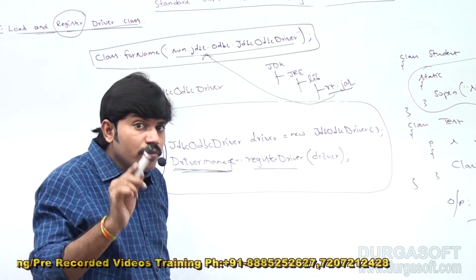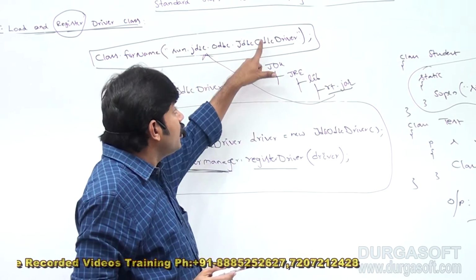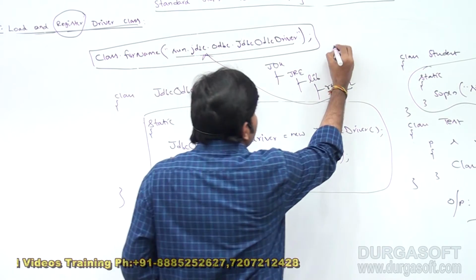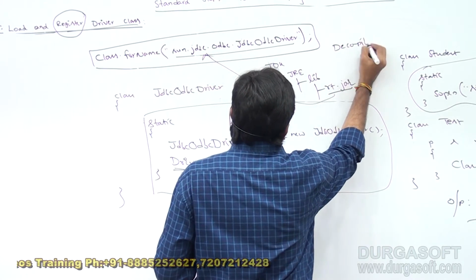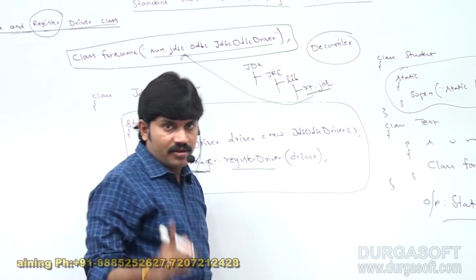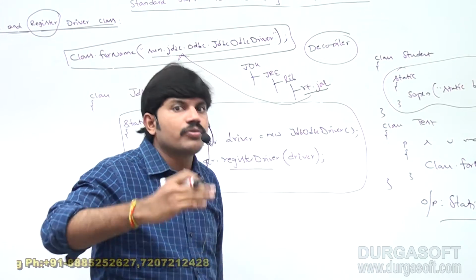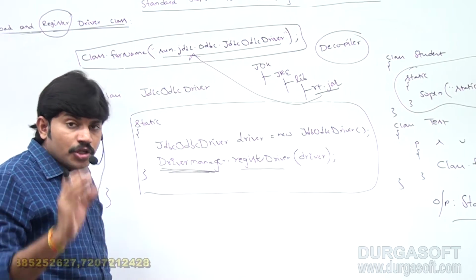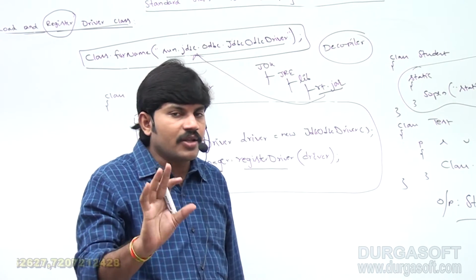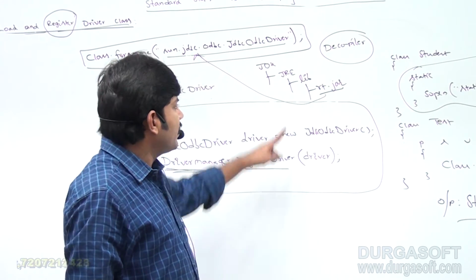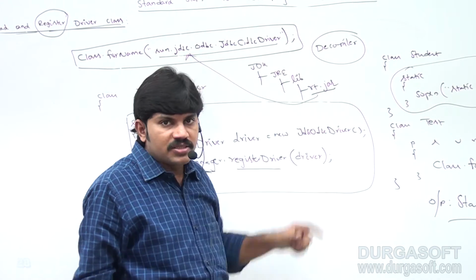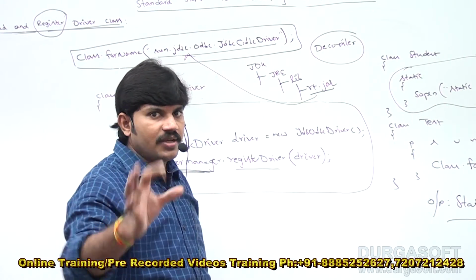By using a decompiler, if you open this .class file as .java, then you can see this. So if you are really interested, you need to install a decompiler, extract this jar file, and open the .class file by using the decompiler, then you can see the .java file.